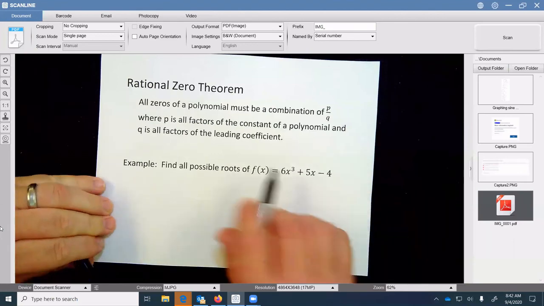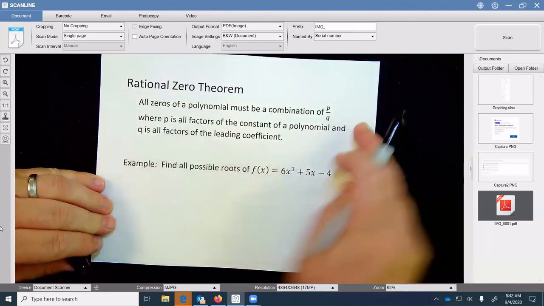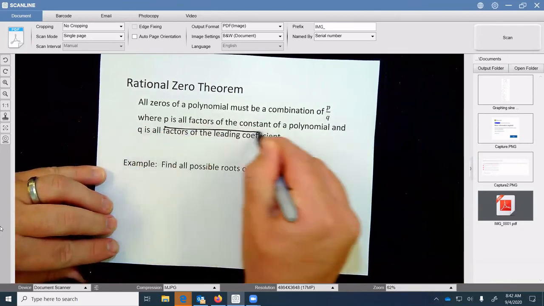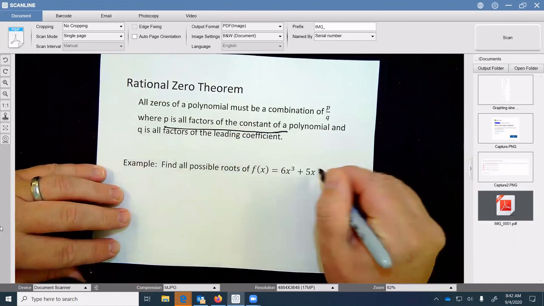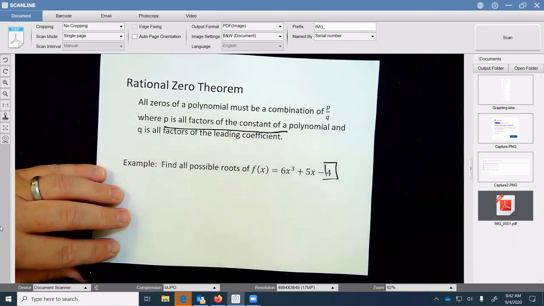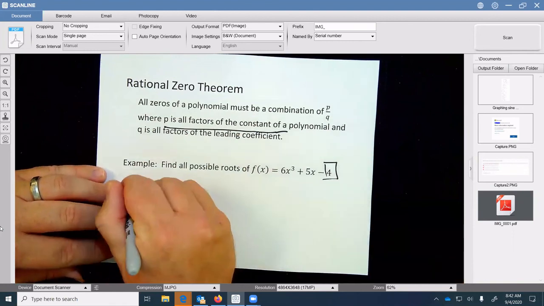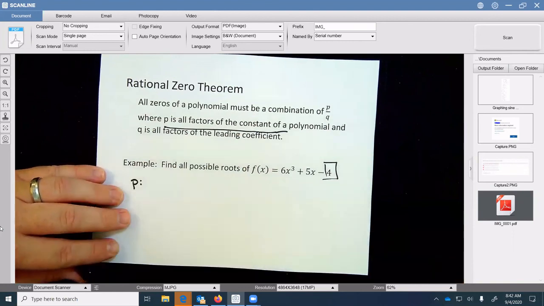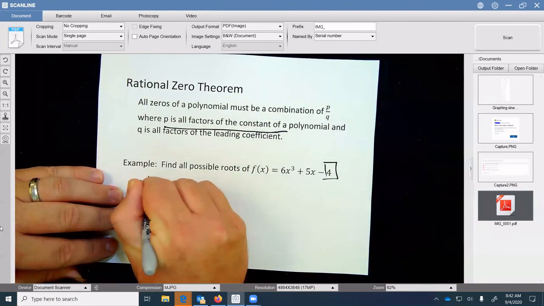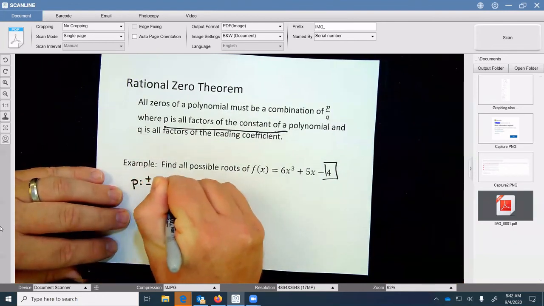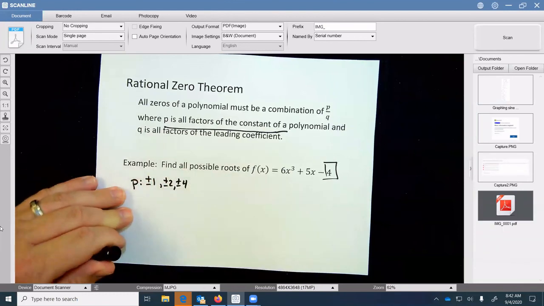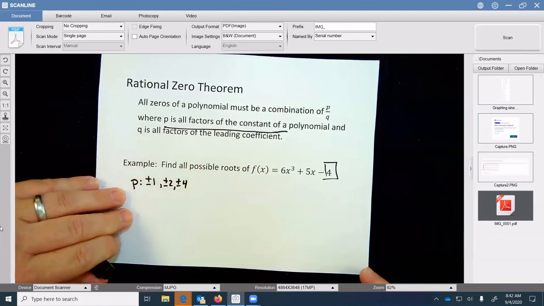So if I look at P over Q, P is all the factors of the constant. Well, the constant, remember, is the one that doesn't have anything with it. So if I look at my factors of 4, they would be plus or minus 1, plus or minus 2, or plus or minus 4. Those are all the factors of 4.